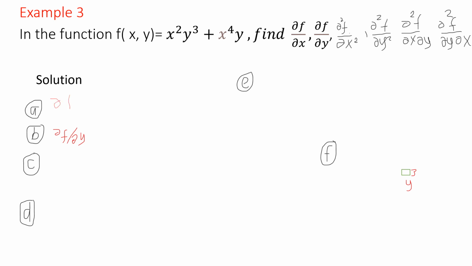Partial derivative of the function with respect to x equals 2x y cubed plus 4x cubed y, or equals 3x squared y squared plus x to the power 4.